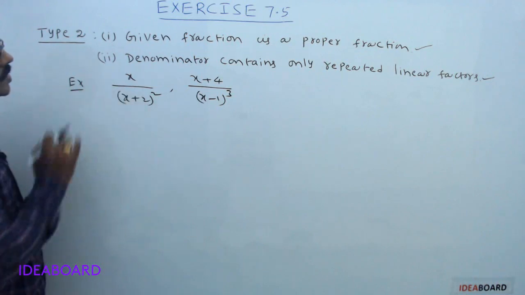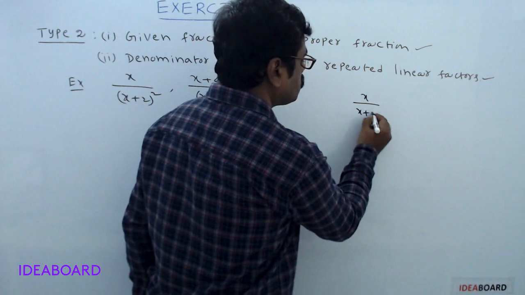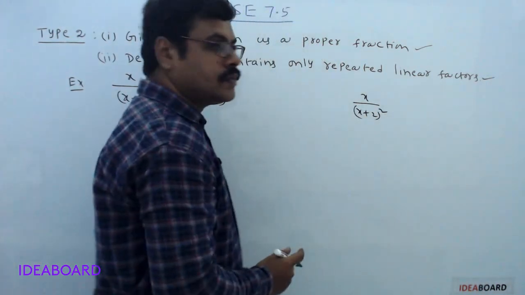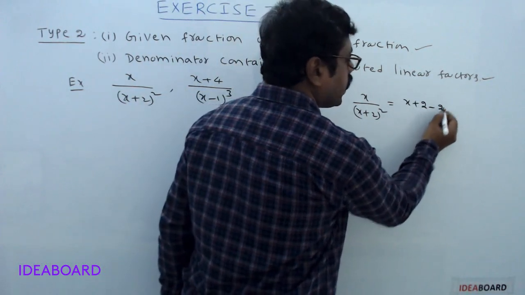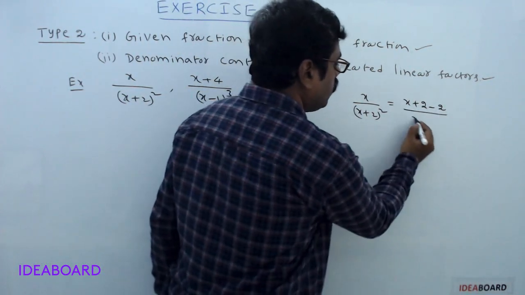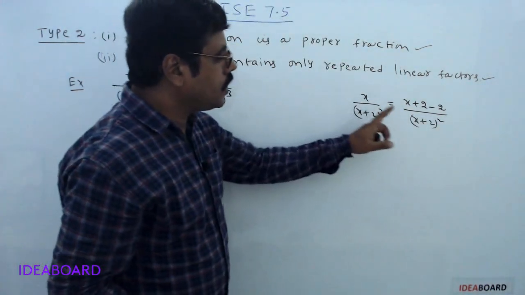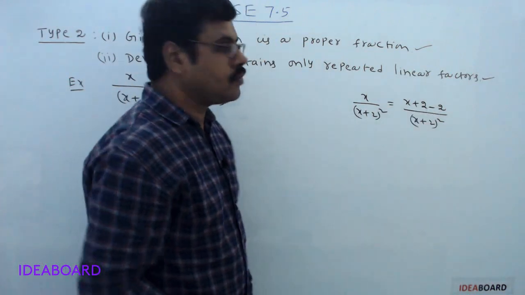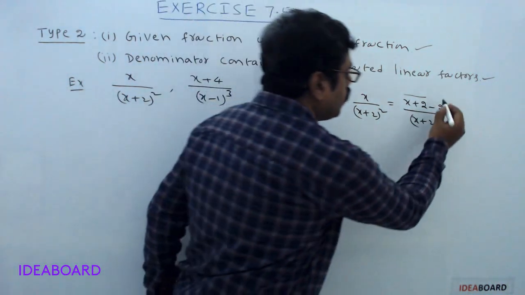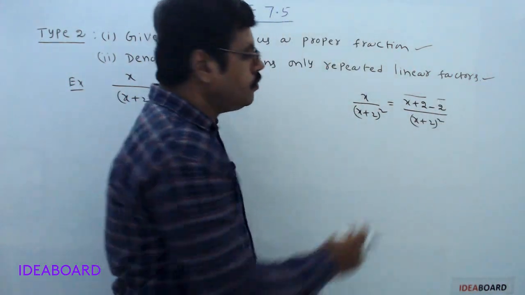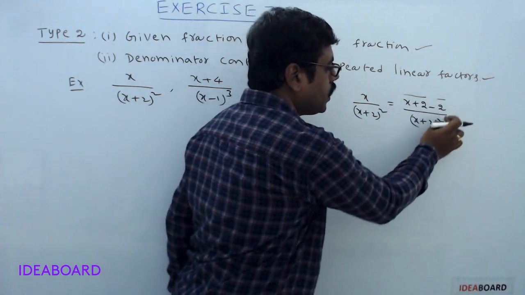Now first take this example, x divided by (x plus 2) whole square. Now this x can be taken as (x plus 2 minus 2) divided by (x plus 2) whole square. If you consider x plus 2 as a single term and this 2 as a different term, this expression is of the form (a minus b) divided by c.